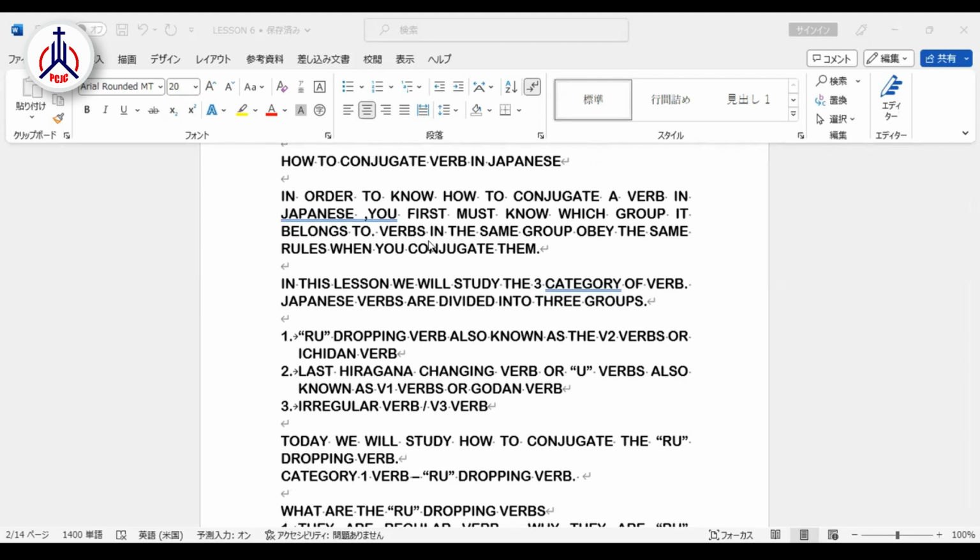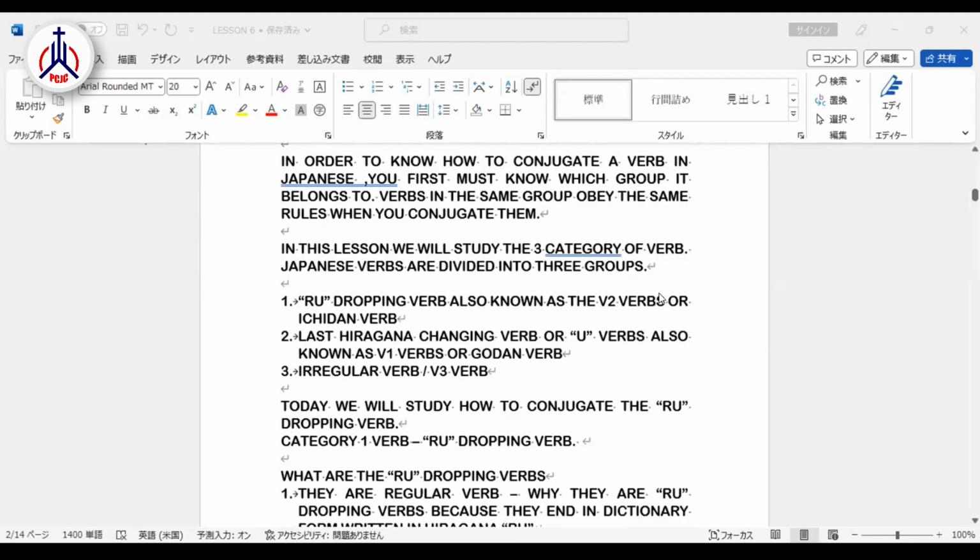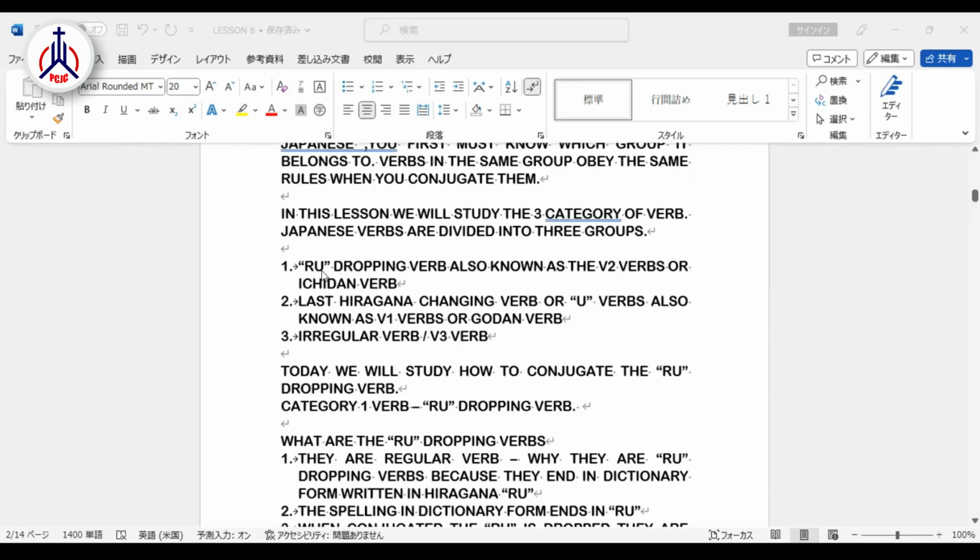The Japanese verb has 3 categories. They are divided into 3 groups. Number 1 is the root dropping verb, also known as the V2 verbs or the Ichidan verb.